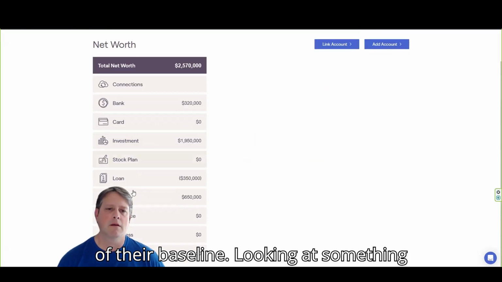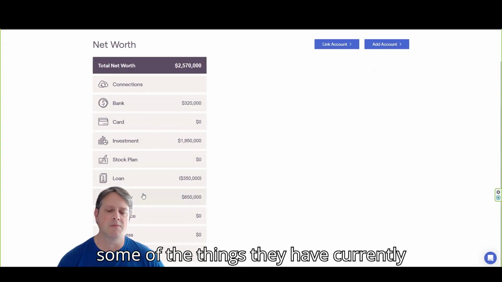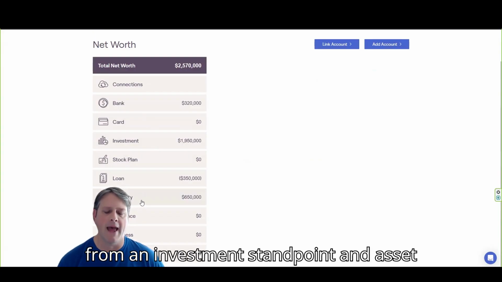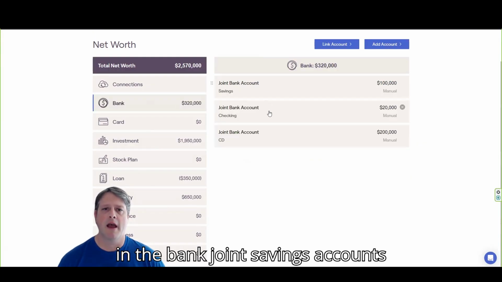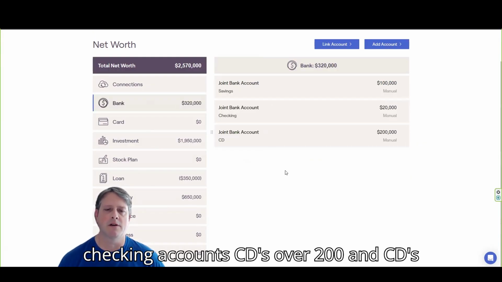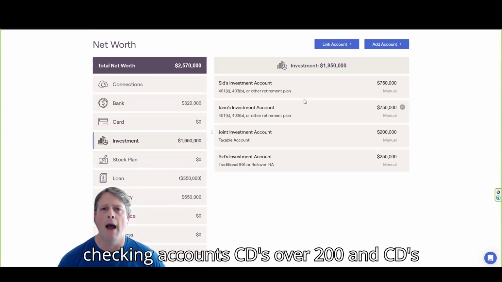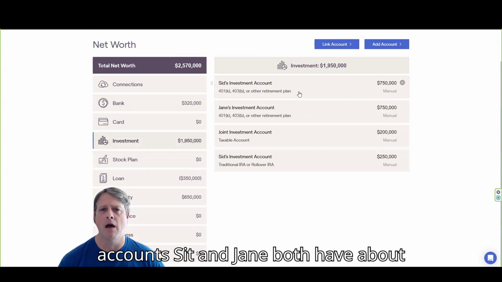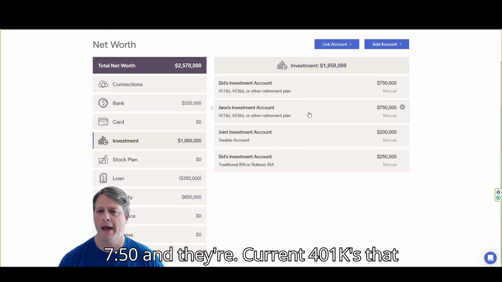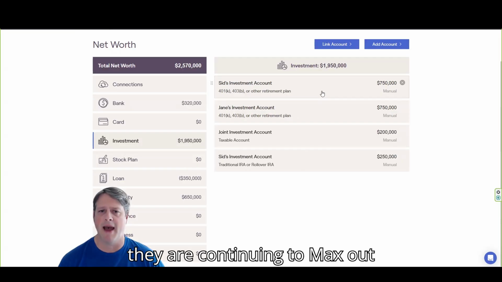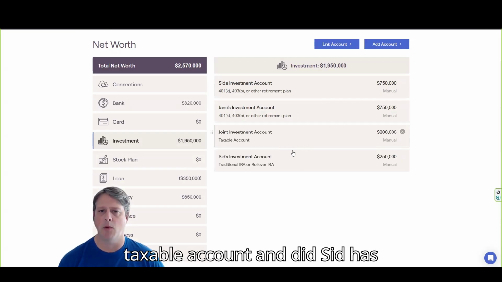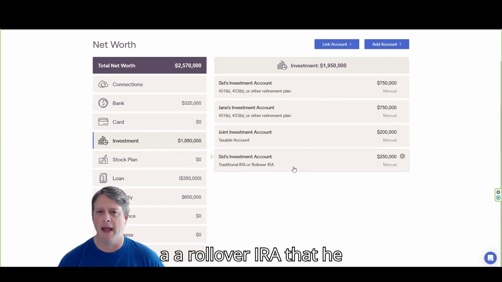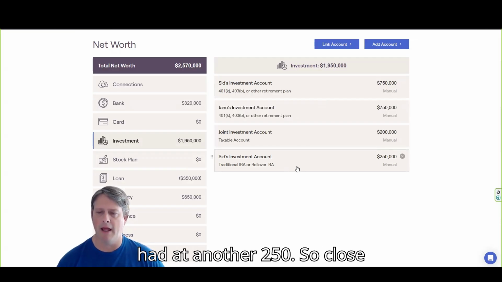Looking at what they have currently from an investment and asset standpoint, they have a good chunk of money in the bank: joint savings accounts, checking accounts, CDs, over 200 in CDs. Investments: both have sizable investment accounts. Sid and Jane both have about 750 in their current 401ks that they are continuing to max out. They have another 200K in a taxable account, and Sid has a rollover IRA of another 250.